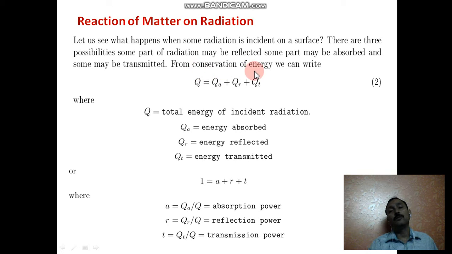From conservation of energy, we can write Q, the total energy of incident radiation, is equal to energy absorbed plus energy reflected plus energy transmitted.